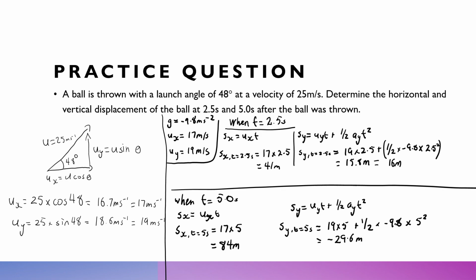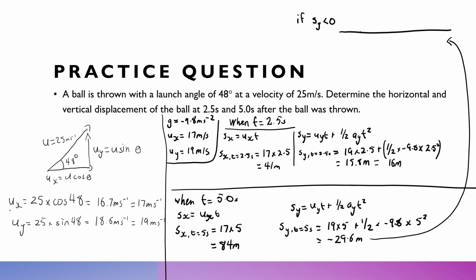Now this number is not desirable and it actually has some implications for this problem. If we have a displacement in the y direction which is less than 0, what this implies is that as the projectile has gone through all of its pathway and its trajectory, the projectile has then continued to move below where the object was initially launched.